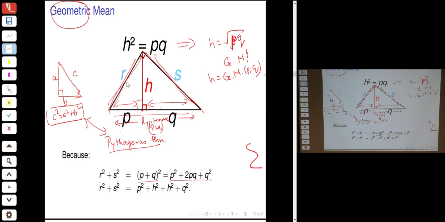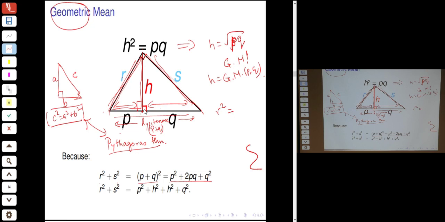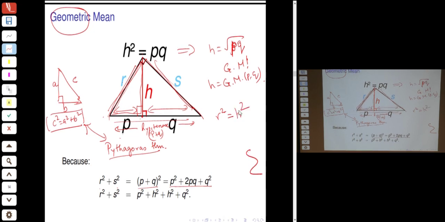Let us now apply the Pythagoras theorem to this triangle. This gives r square, which is the hypotenuse, equals h square plus p square. Okay. So, it is Pythagoras theorem applied to this triangle. Clear?